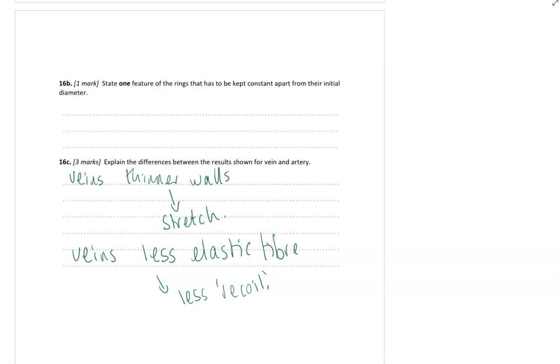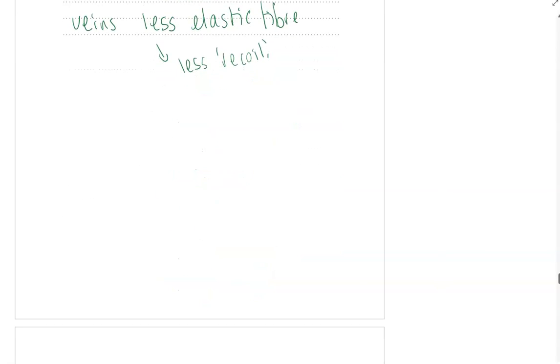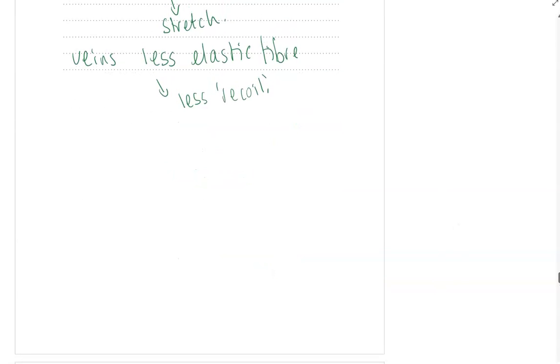And you could do it the other way around. So you could say that arteries have thicker walls, so they stretch less, or arteries have more elastic fibers, so they recover more than the veins do. Okay, and that brings you to the end of your practical-based question.